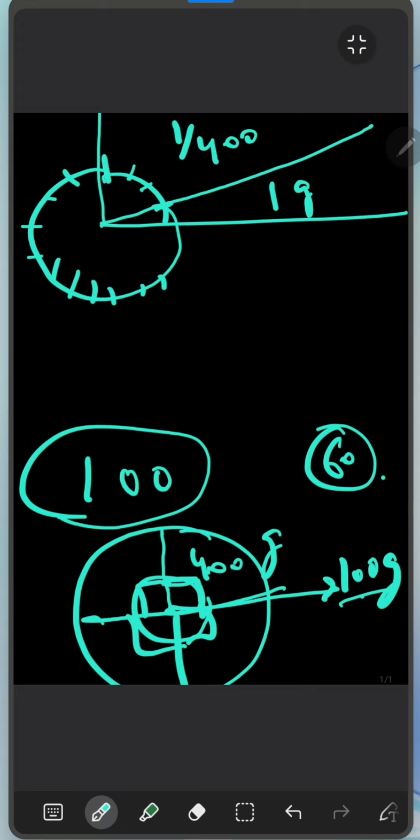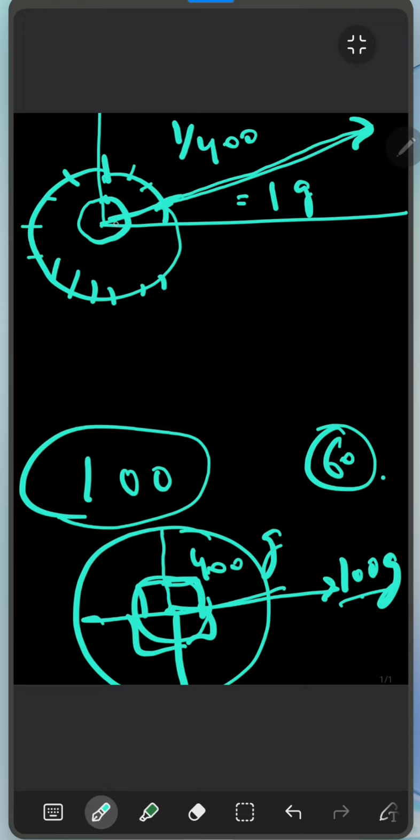Got it? If a full circle angle is 400 grad, and we divide this 400 into 400 equal parts, then one of the parts will be 1 out of 400. So that is equal to 1 grad.